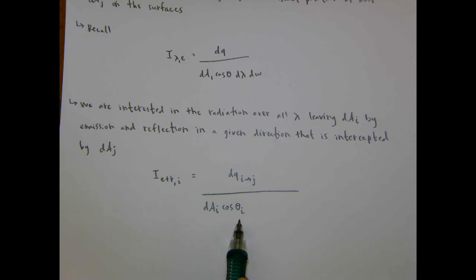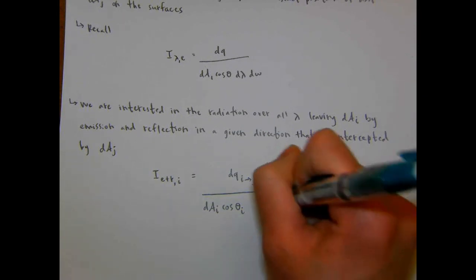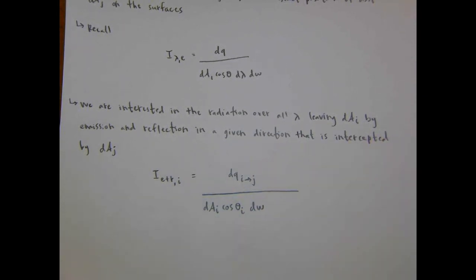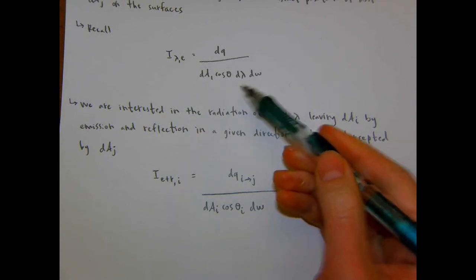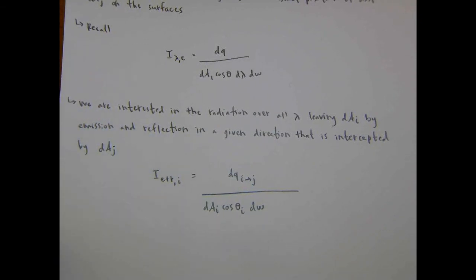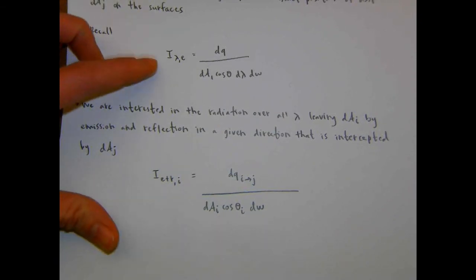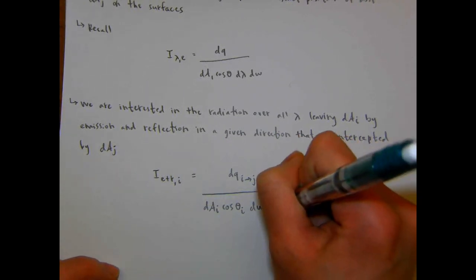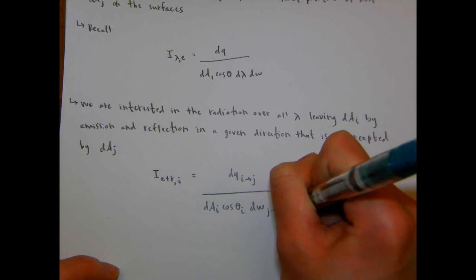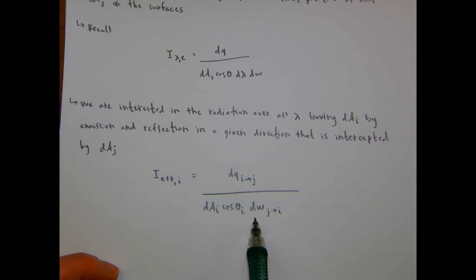So the relevant angle is theta sub i, that angle with the normal. And we've removed our dependence on wavelength, so we don't have the d lambda in there. That's taken care of by the fact that instead of the spectral intensity, we're talking about the total intensity. And then the relevant angle is this solid angle, d omega j to i, that the radiation passes through when it's moving from i to j.